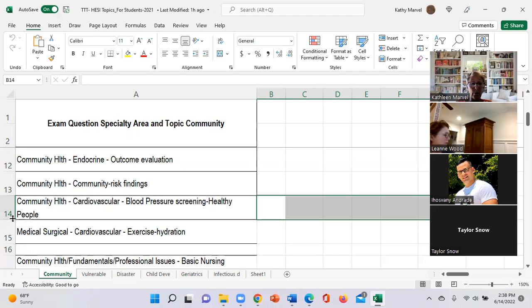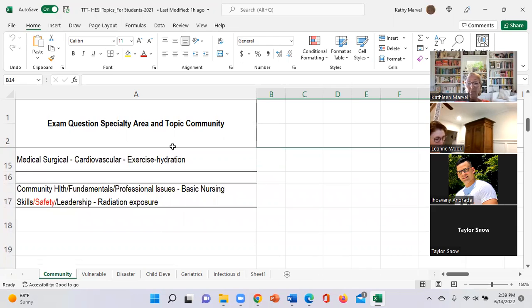Again, another one, community risk findings. I'm thinking that would be maybe part of the community assessment. How do you assess for risk? Environmental risks, safety risks, blood pressure screening for healthy people. What do you think that might entail? Okay, exercise and hydration.